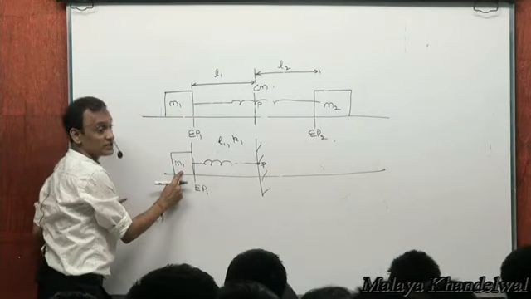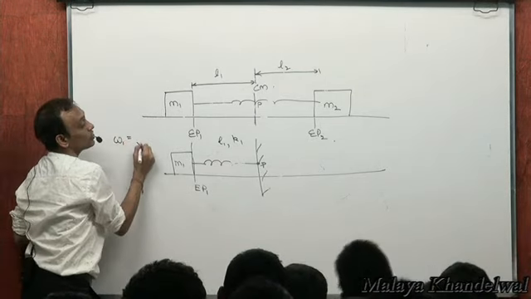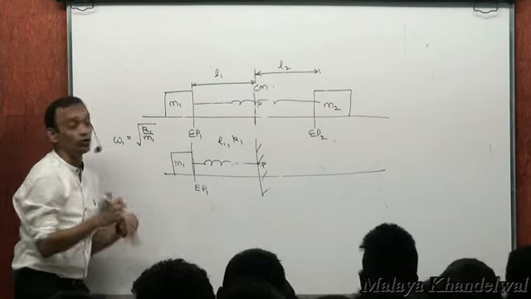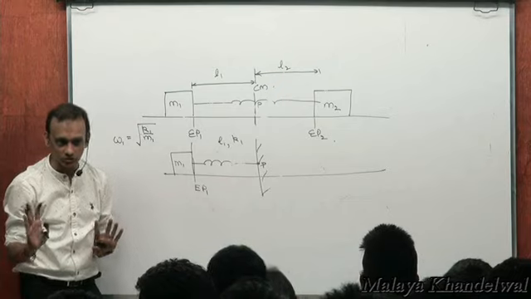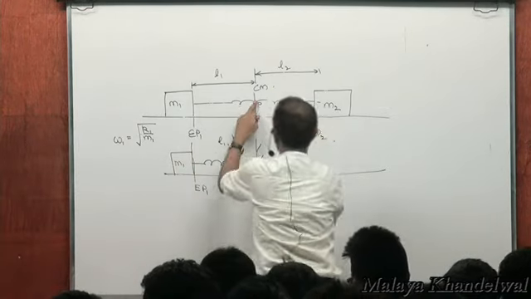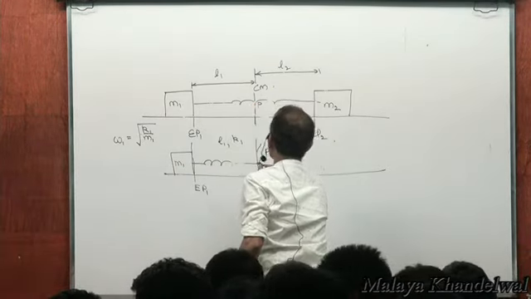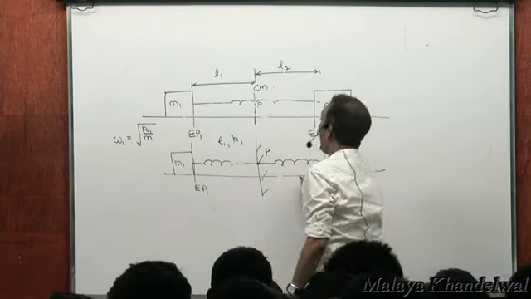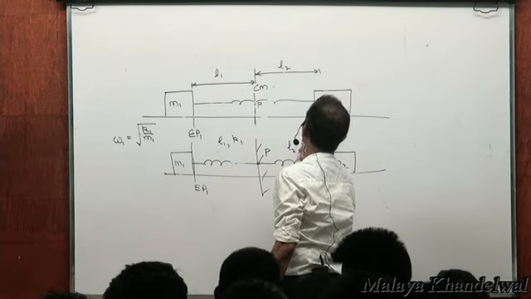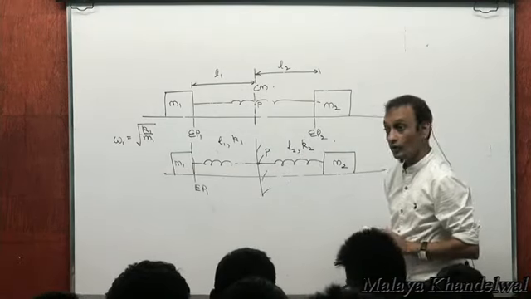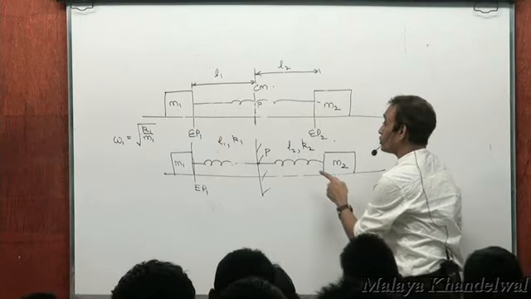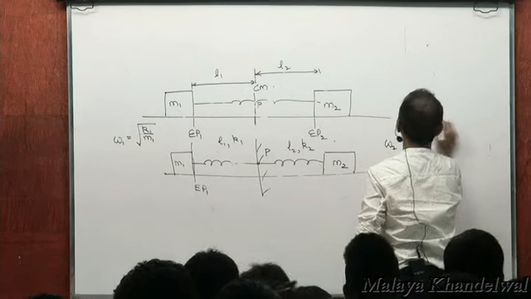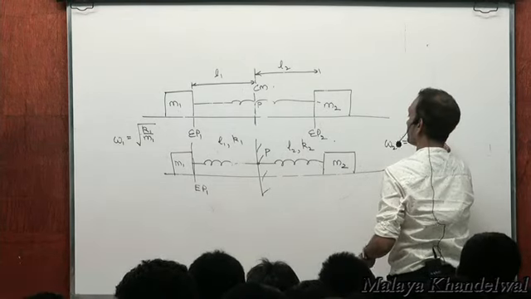And the omega of this could have been looked upon as root K1 by M1. I'll tell you how to calculate K1, K2. That's a very simple, trivial issue. And for this part of the spring, if this is fixed, it's as if there is a single block of mass M2 and this length being L2, this being K2. The omega for this mass M2 would be root K2 by M2.